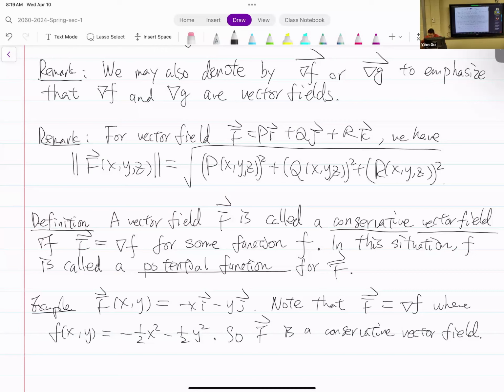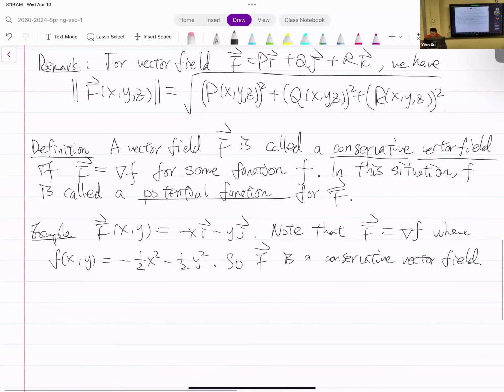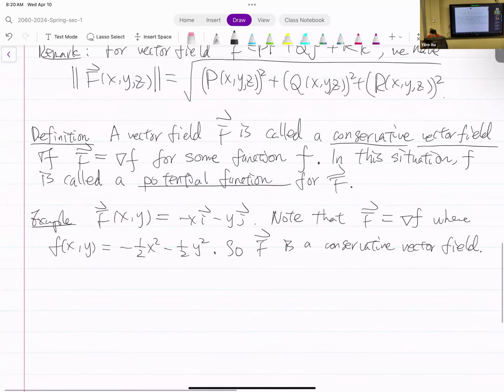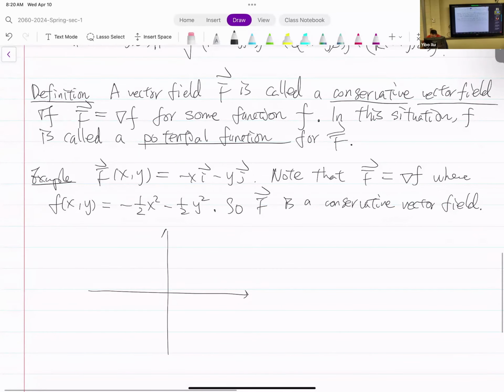And then to illustrate, we can see that basically for whatever xy input, the vector that you're drawing is the negation of that vector xy. Right? So if you give an illustration, let's say the xy origin.